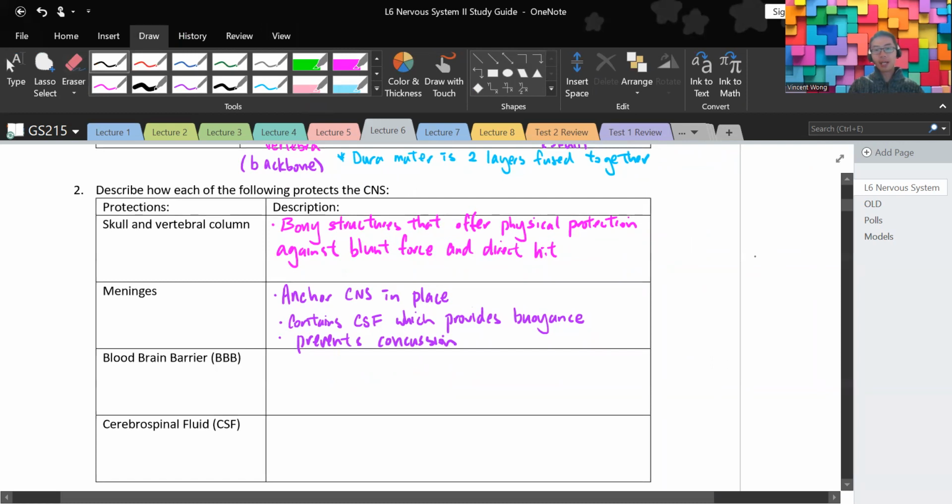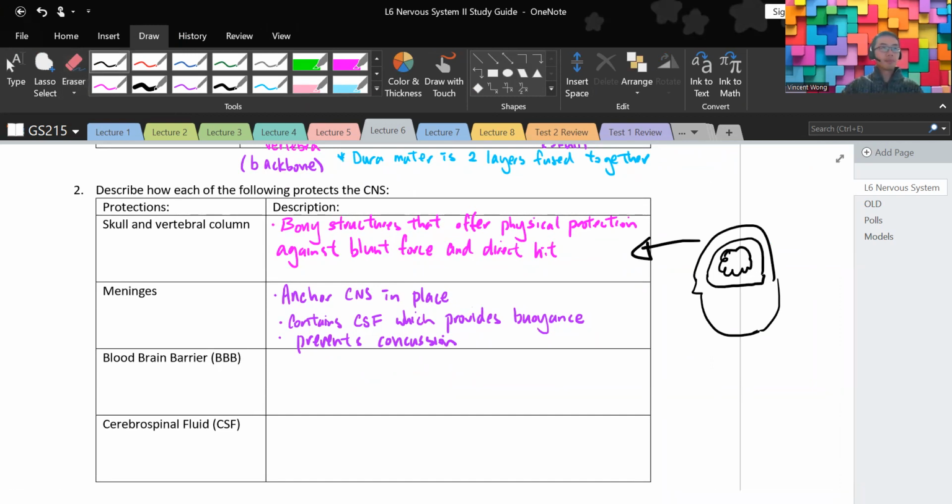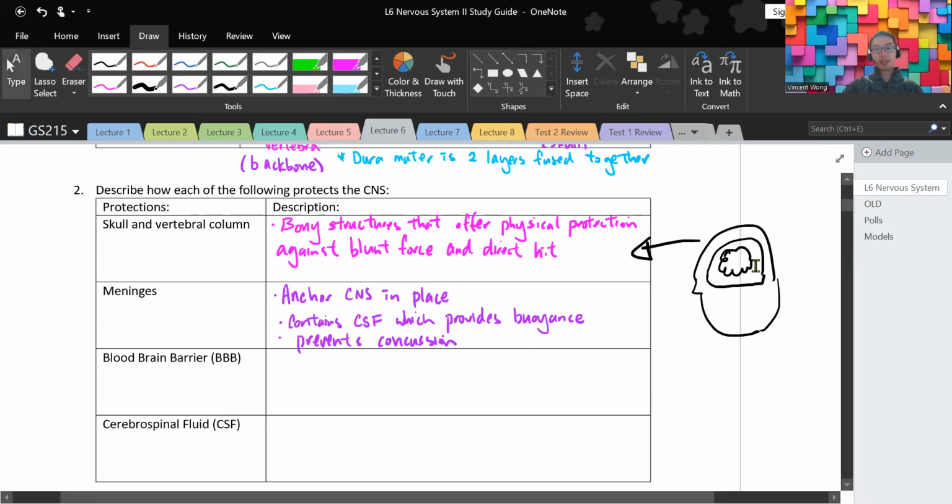So if you think about the head, there's the skull, and then the brain is inside. If you move your head forward really quickly, which way does the brain go? Yeah, it goes backwards. Exactly.